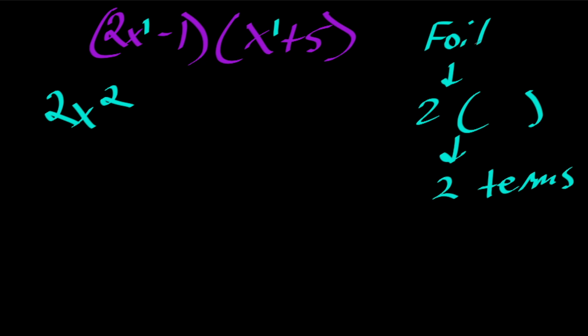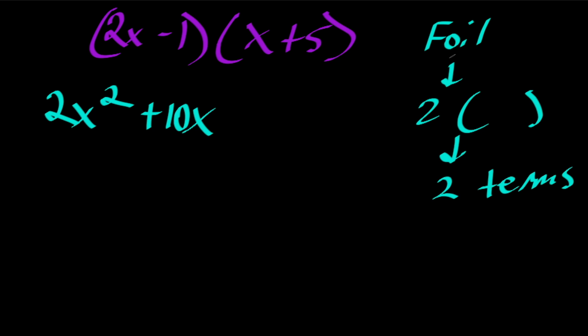Then the outer would actually be, I'm wrong, outer would be 2x and 5, because they're the outer 2 terms in these parentheses. So we're going to take this 2x and multiply it over here to 5. 2x times 5 is going to give me plus 10x.